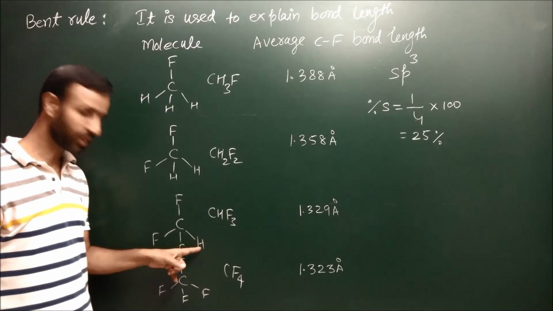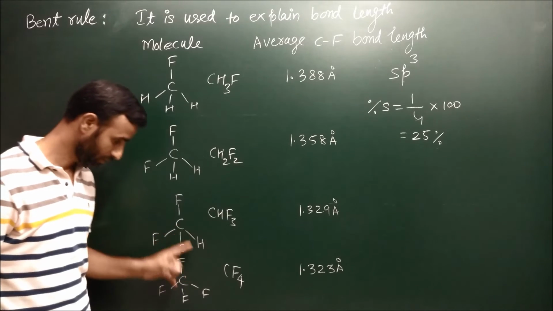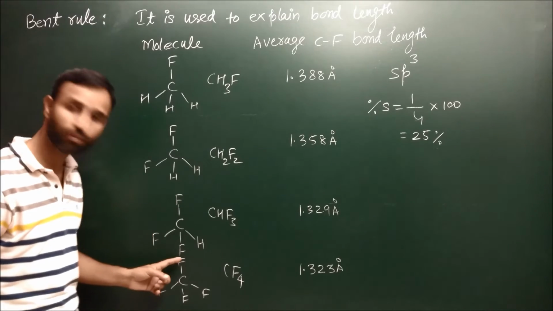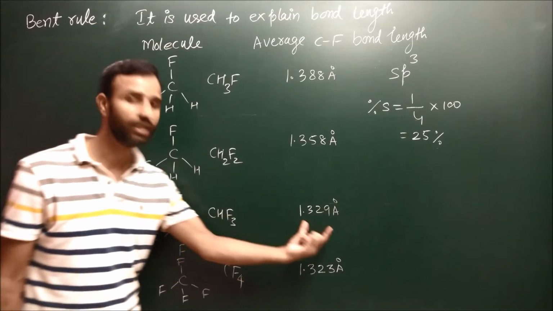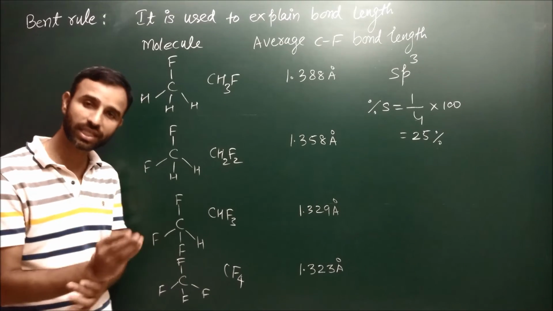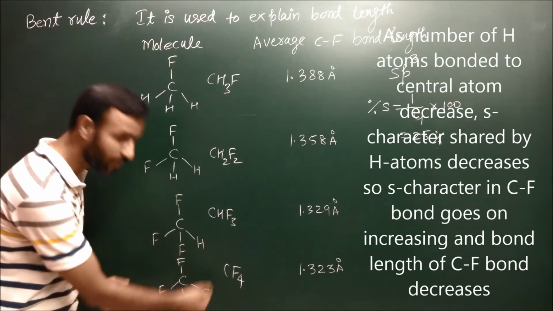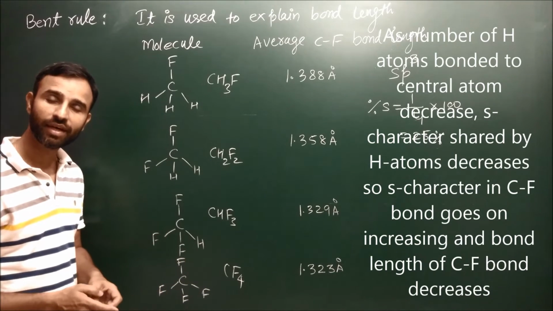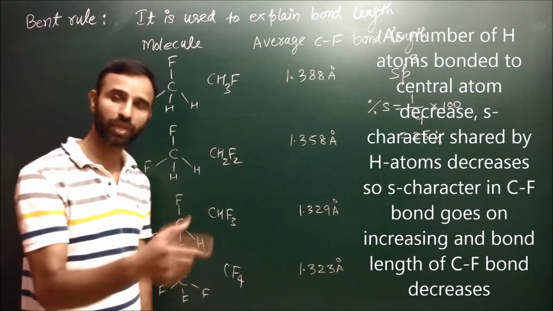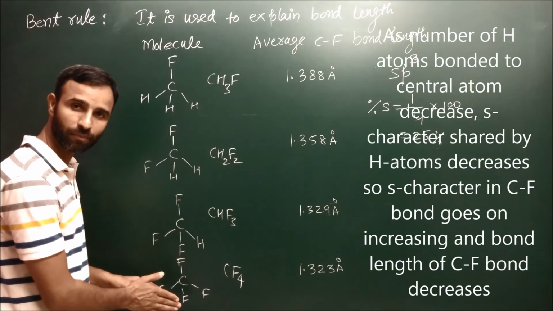Same next, there is only one hydrogen, so S character towards hydrogen decreases and in CF bonds increases, so bond length decreases, because as S character increases, bond length decreases. And in case of CF4, all of them have 25% S character, and that's why bond length is minimum, because here percentage of S character is maximum.